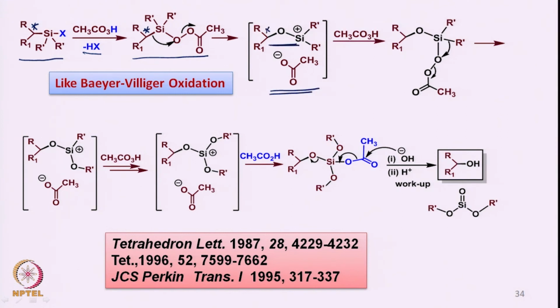Now here the chirality is not lost, which now then reacts with another mole of peracetic acid, where peracetic acid attaches to the silicon here forming this intermediate, and the remaining R primes which are present, which are the carbon substituents, undergo Baeyer-Villiger type of oxidation similar to the one that I have shown here, to form, with the first R prime, the transfer like this to give the substrate, which is again attacked by the peracetic acid to eventually give via Baeyer-Villiger oxidation the 2 OR primes here.